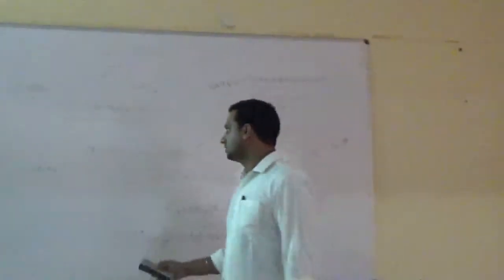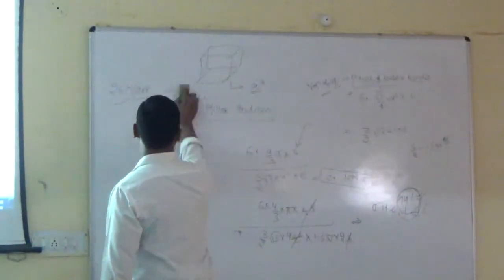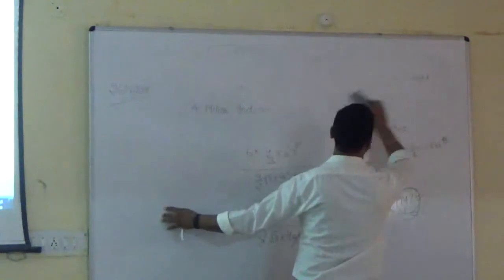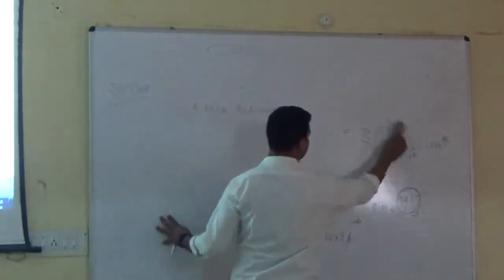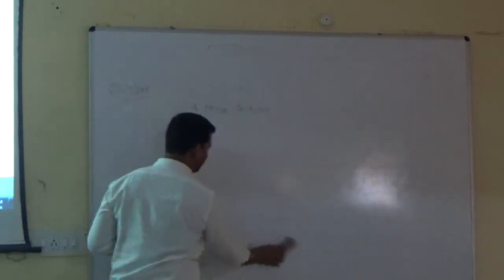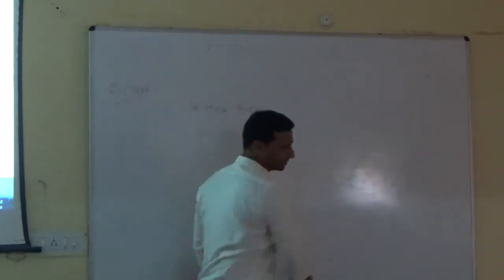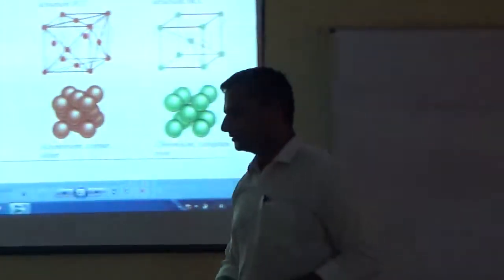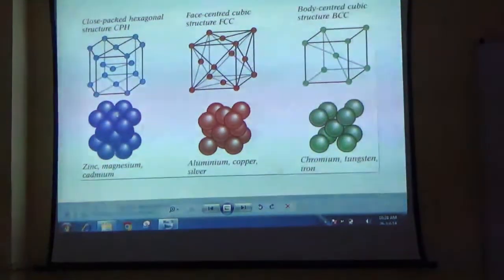Okay, so our next topic is the Miller indices. To explain the Miller indices, I have to show you some videos so that you can clearly understand what is going on in the crystalline structure of a material. Just see the video.